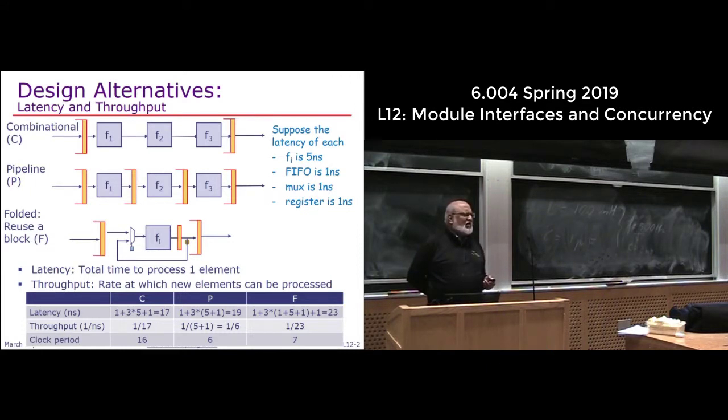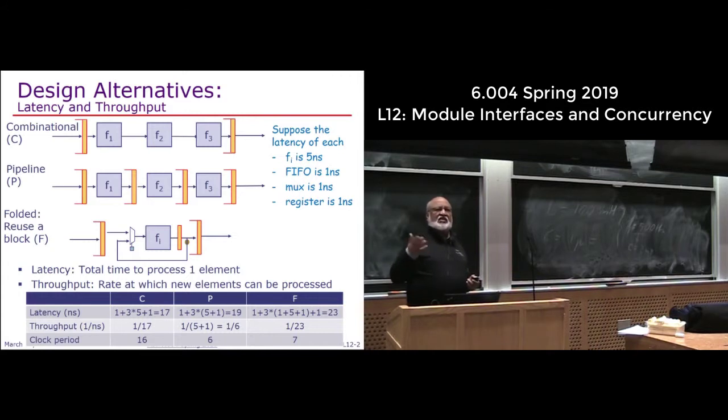Picture is getting more complicated, right? So you can process less, but you can run the clock faster. In case of the pipeline circuit, the throughput went up quite high. So it depends on what our goal is.